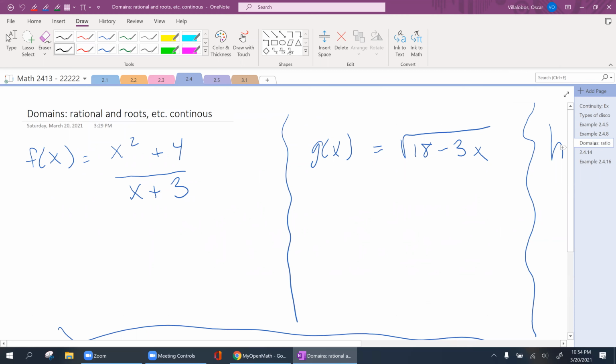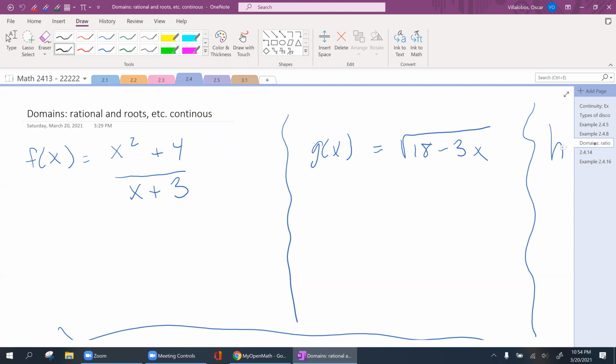Now I want to start splicing things together: domains, your domain of a function. This ties in with determining if a function is continuous or not, whenever we're dealing with rational equations.